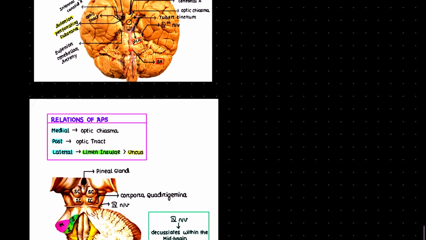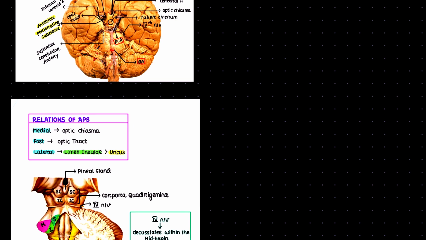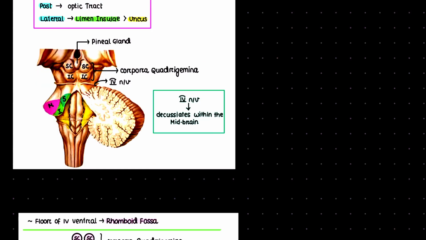Now we'll start the dorsal aspect. Looking dorsally, we'll remove the cerebellum, and then we'll look at how our brainstem is. Talking about the dorsal aspect of our brainstem, we have this diagram.